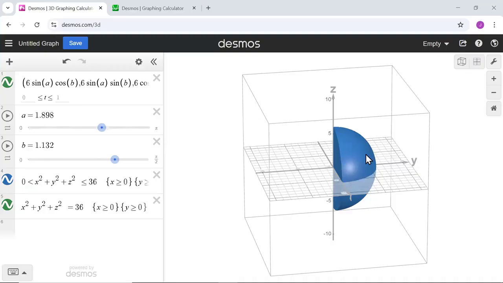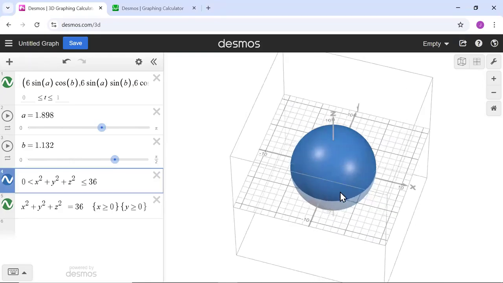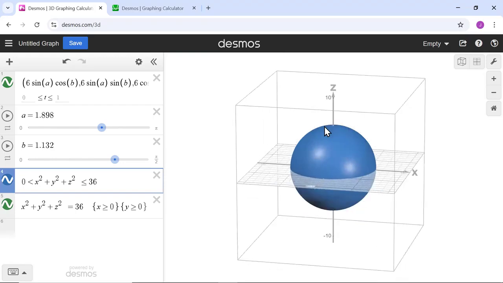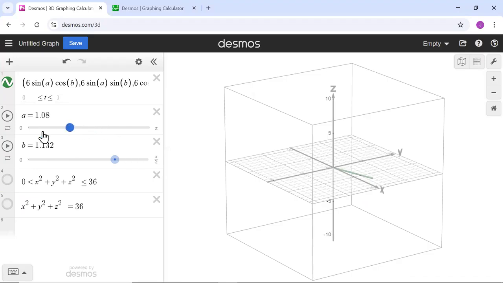In the last example, we did a quarter of a circle. We could have done the entire sphere. If we have a sphere here, let's take a handy dandy vector there.